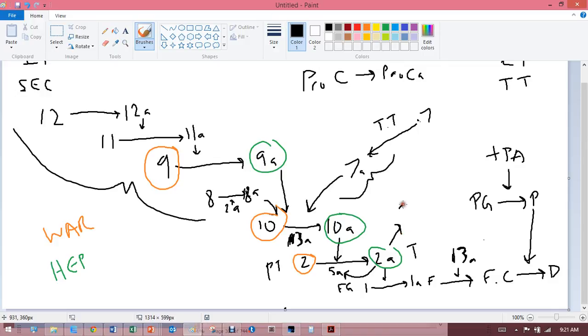Thrombin can also act through thrombomodulin, and this thrombomodulin is the thing that turns protein C into activated protein C. Protein C is kind of interesting because it inhibits 8A, it inhibits 13A, and it inhibits 5A. So yeah, lots of information.